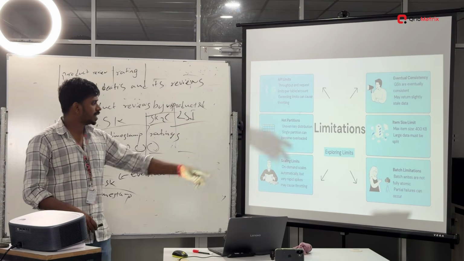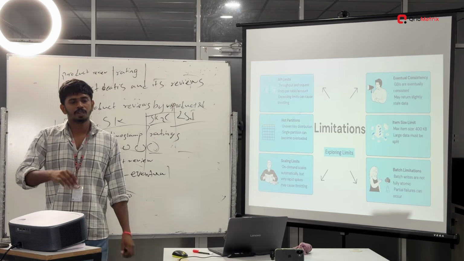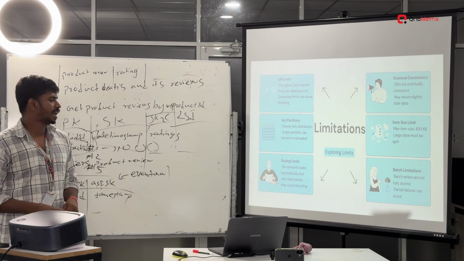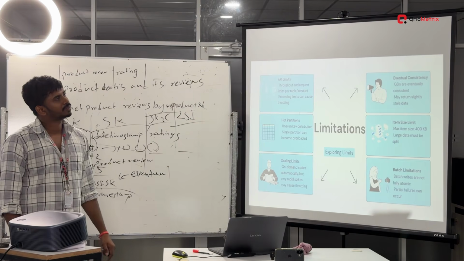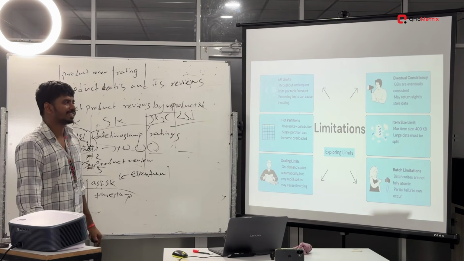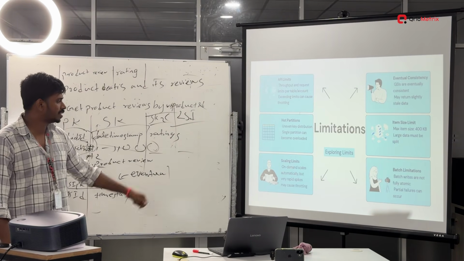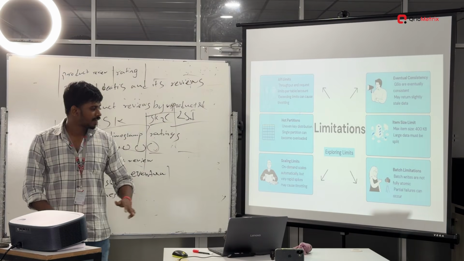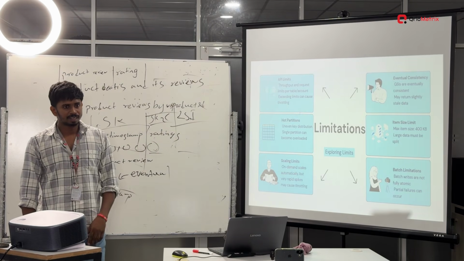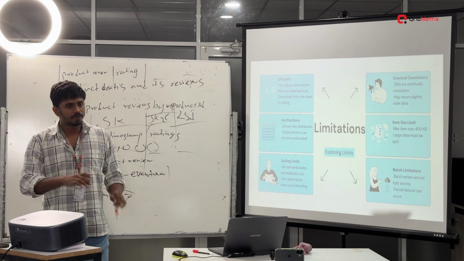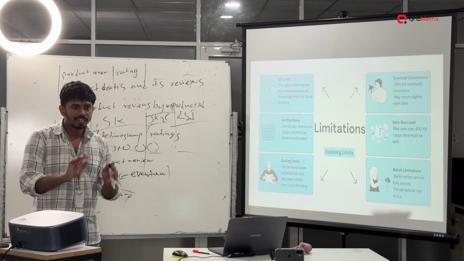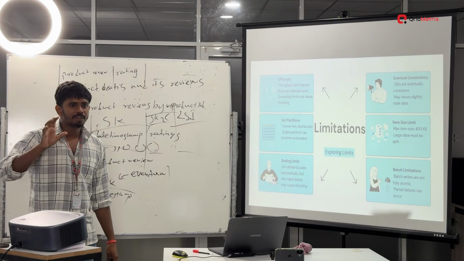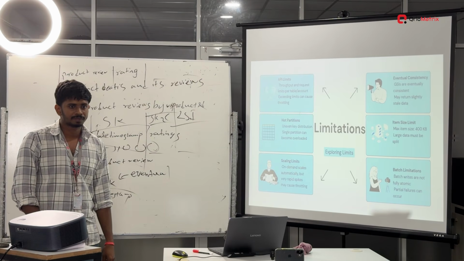And also batch limitations. When you're doing a batch write, this scenario we also handled in the QR batch example, the batch processing. In both scenarios we have handled this. When you try to handle more writes in a single call using the batch write API, it is not guaranteed that all the data will be added successfully.